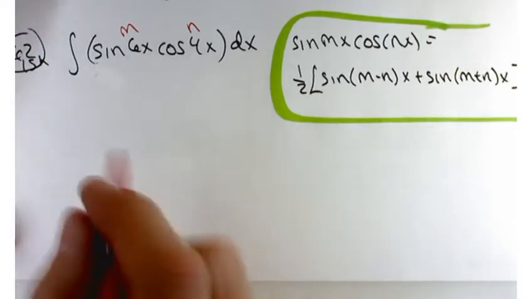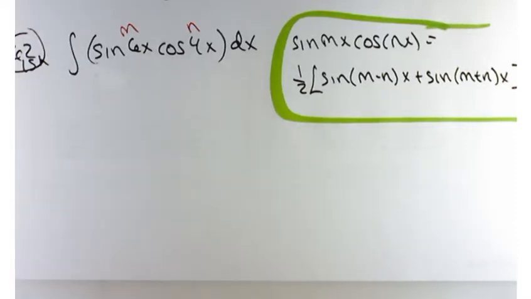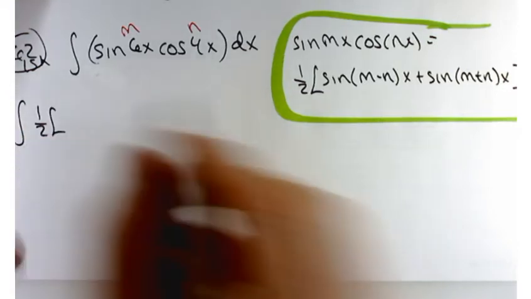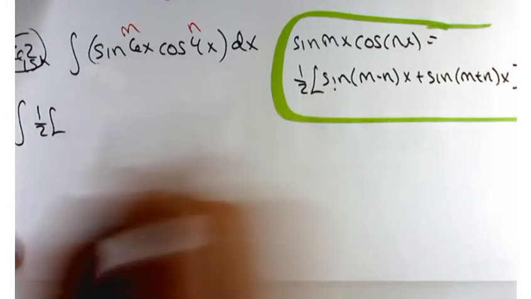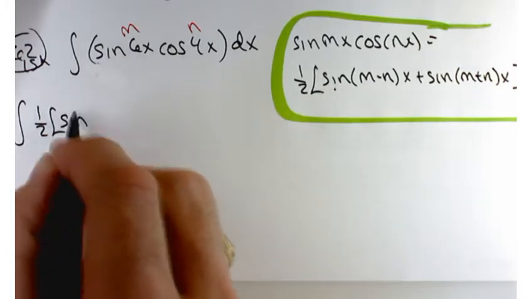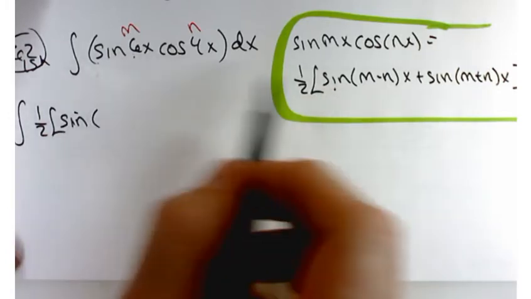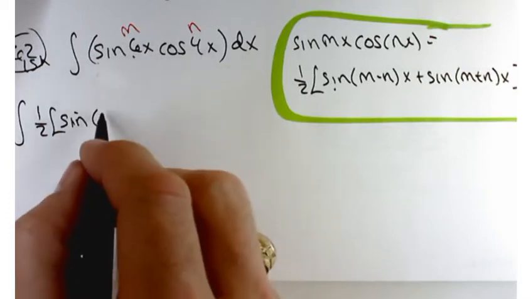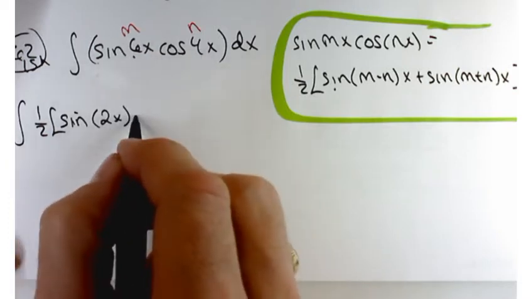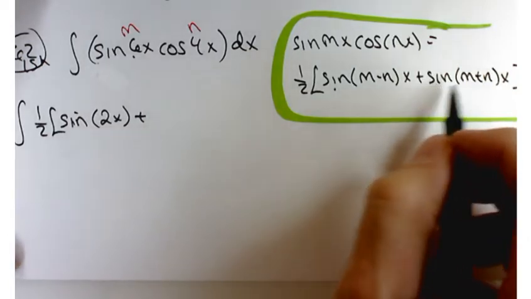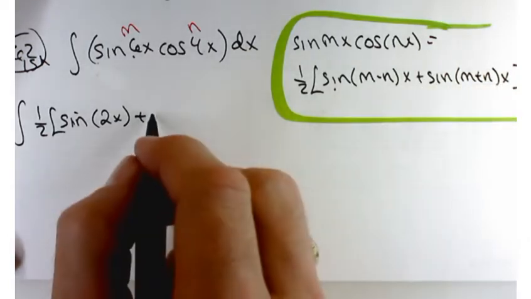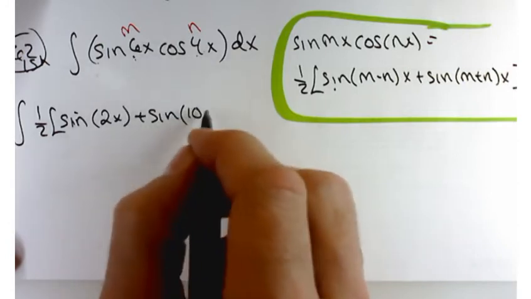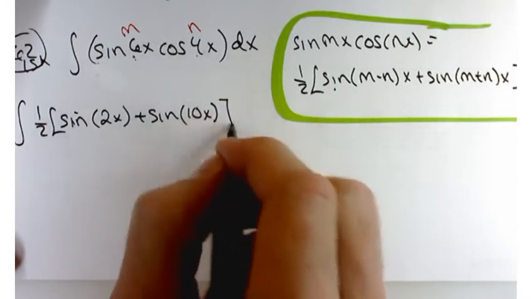So let's see if we can plug this in. That's going to be the integral of 1/2 times the sine of m minus n, so 6 minus 4 is 2x, plus the sine of m plus n, 6 plus 4 is 10, so 10x.